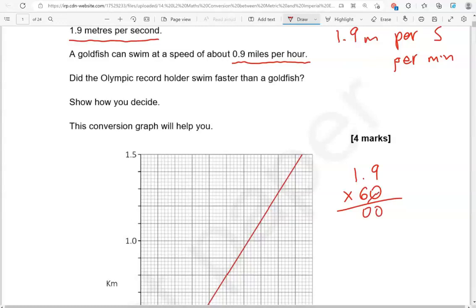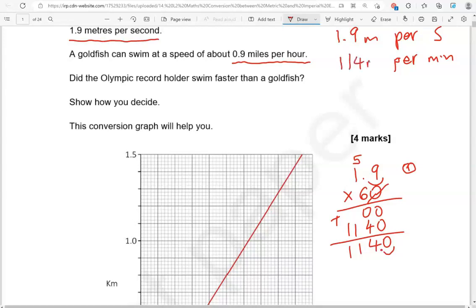Moving down, so I put a 0 first, 6 times 9 is 54, so 4 down and 5 carried over. 6 times 1 is 6, and the 5 is 11. So 1.9 has one decimal place. 60 has no decimal places because it's a whole number. So we're going to give the answer one decimal place. So going backwards, we put the decimal point after the 4.